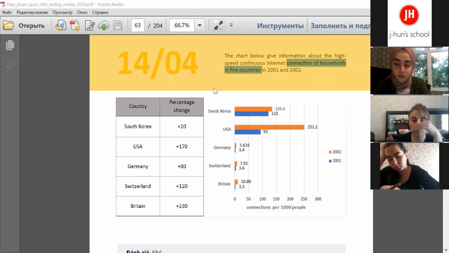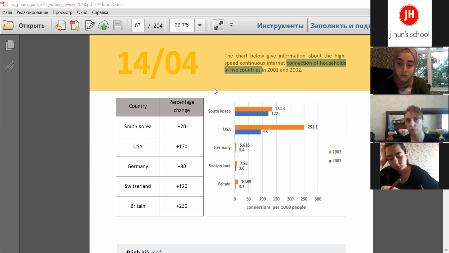Do I have to say although, or I want to say only Britain got the highest percentage change. Maybe you can put this information in a single sentence. Okay, but Britain exceeded the others in percentage change.